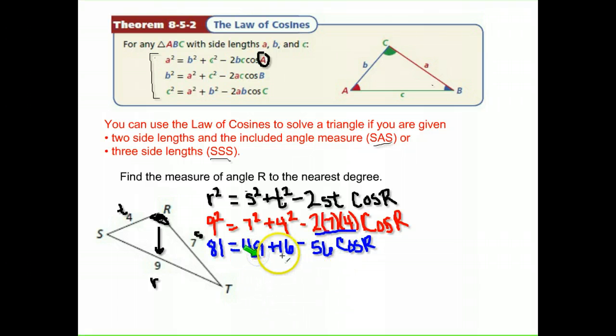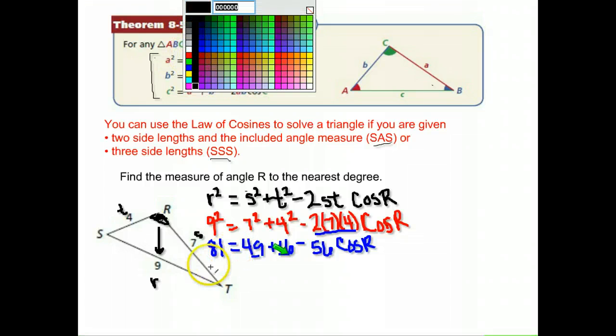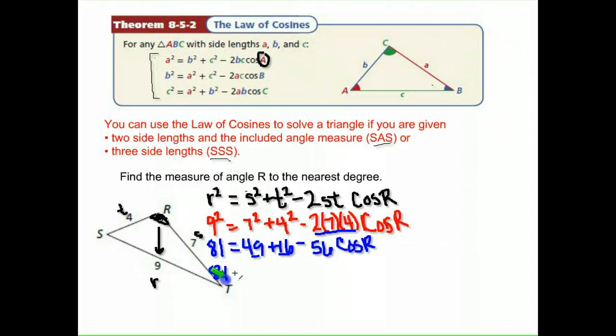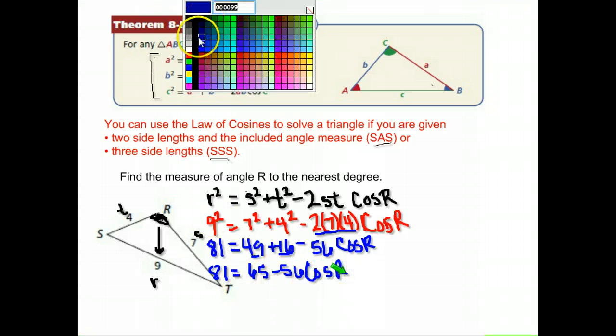I'm going to combine these like terms here. So I have a 49 and a 16. I'm going to go ahead and add those together. That gives me 65. So now I have 81 equals 65 minus 56 times the cosine of R. I'm going to subtract 65 from both sides of the equation.